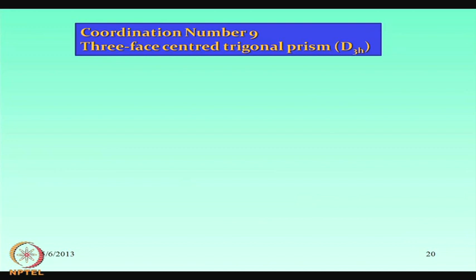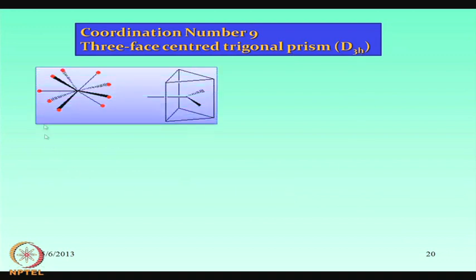Then we have the coordination number of 9, which is the 3-face capped trigonal prism structure of D3h. This is one face and this is the other face, and if all 3 square faces are capped, this is one square plane, this is another square and this is another square plane, we get 6 plus 3, 9 coordination, which is possible for the rhenium nonahydride compound.